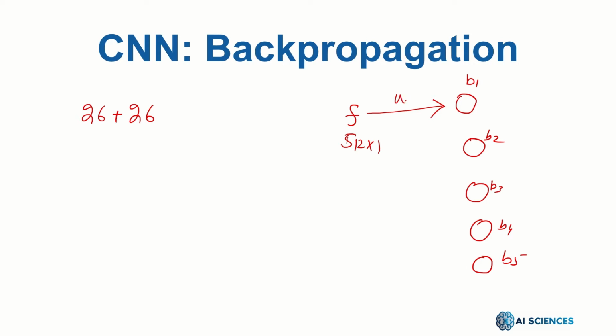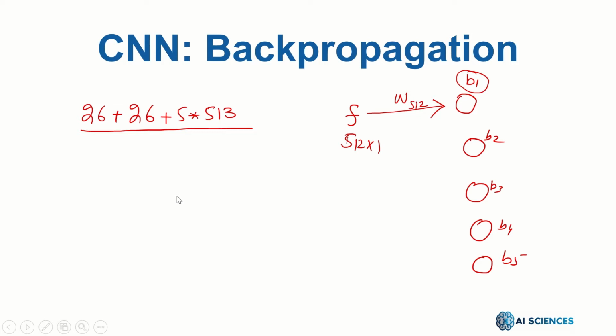The weight vector for a particular unit has 512 parameters plus 1 parameter for the bias, and we have 5 such units. So we have 5 times 513, because 1 is for the bias. These are the total number of parameters for this example we are working with.